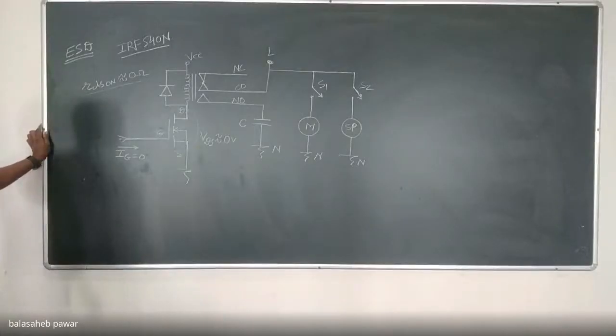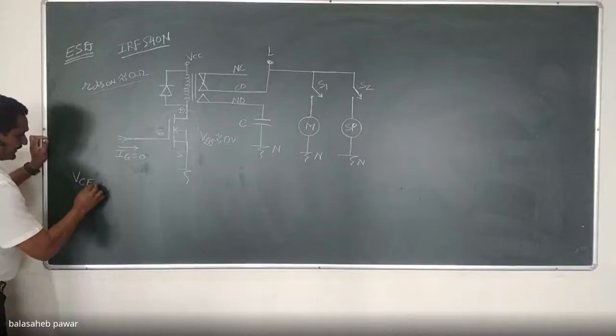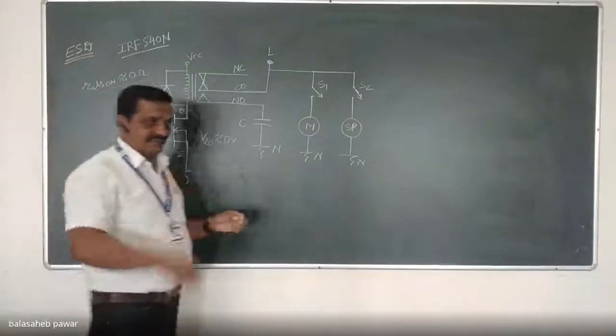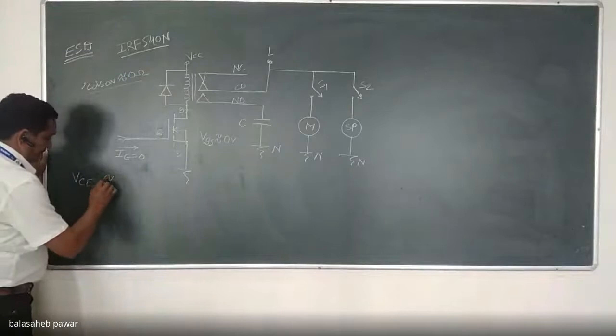Okay. So see, in the case of the BJT based driver circuit, VCE, whenever that transistor gets forced into its saturation region, that means its on switch region, VCE(sat) was almost 0.2 volts.